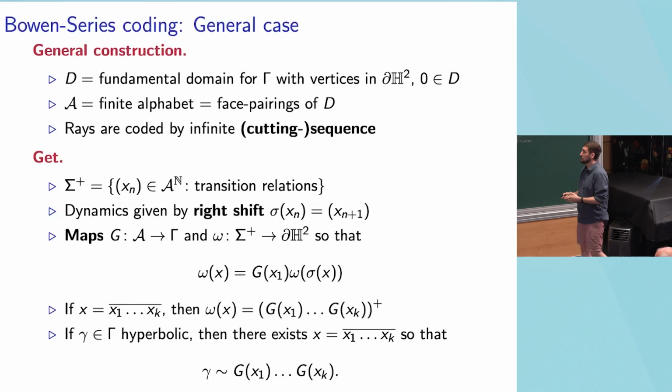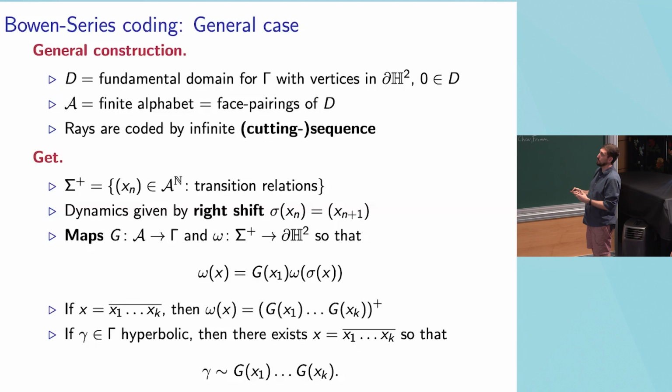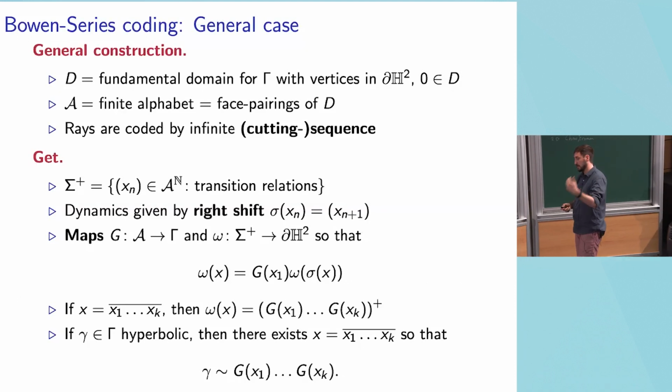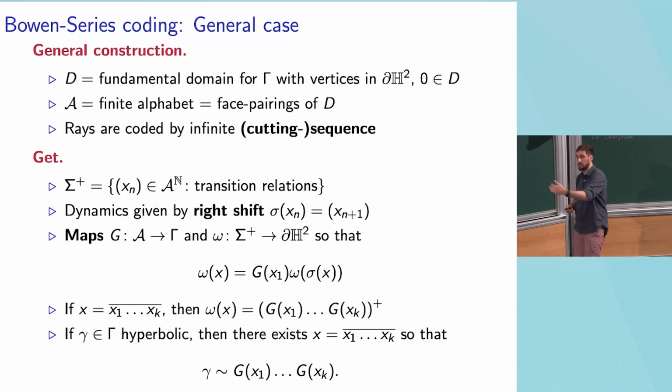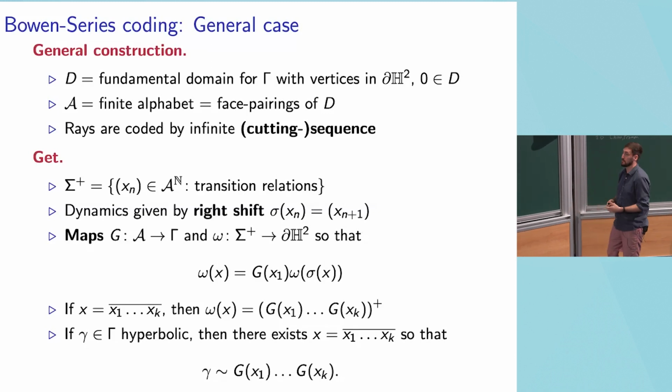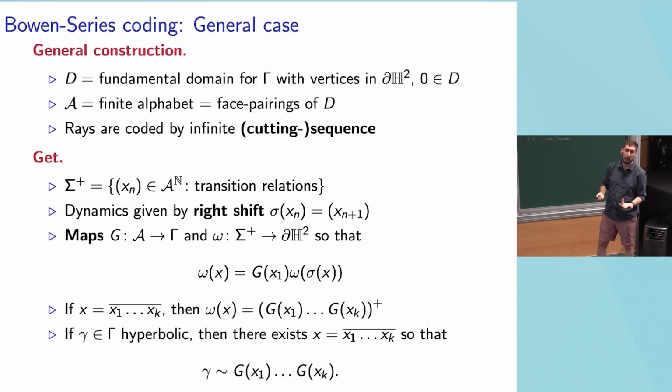So actually, if I have a periodic word, if you think about it, periodic word means I'm going through this translate of the fundamental domains periodically. Okay? So somehow I get a group element that's the G of each of the letters in the period.